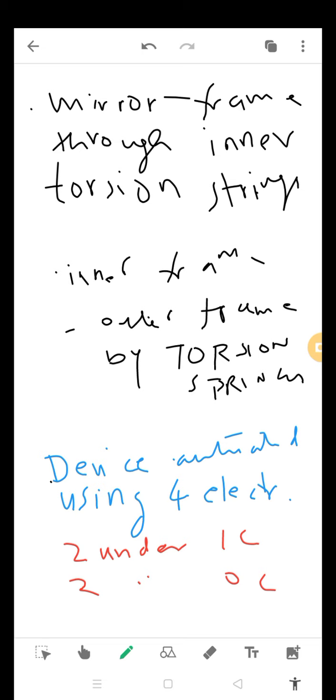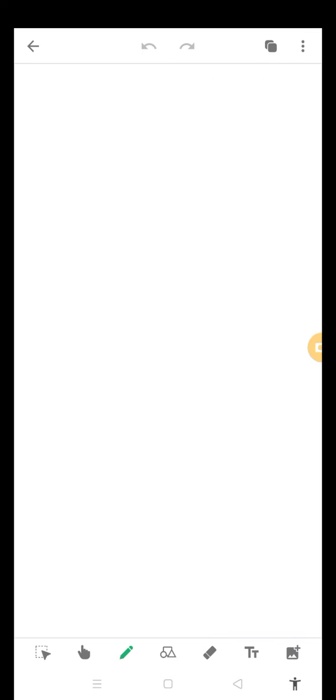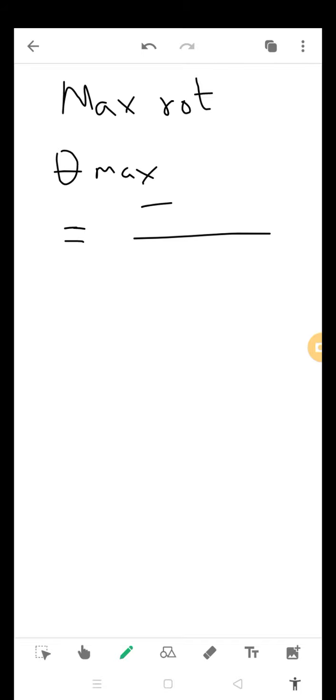Now the rotation, as we have already said that we are dealing with mirrors and their rotation, therefore the maximum rotation angle we call theta max, and it is equal to (Tf plus Tc) by Lf, times Tox.